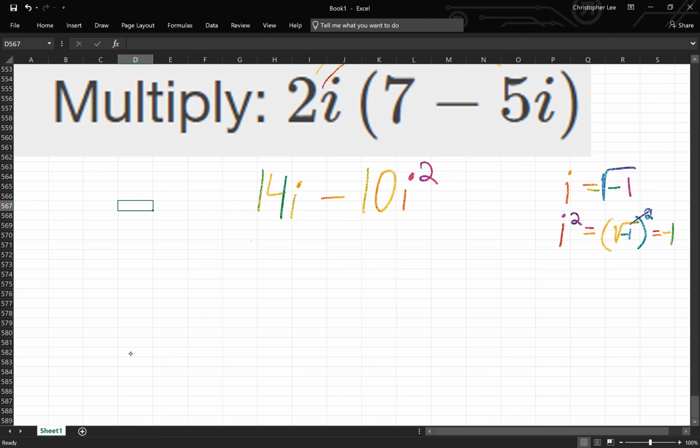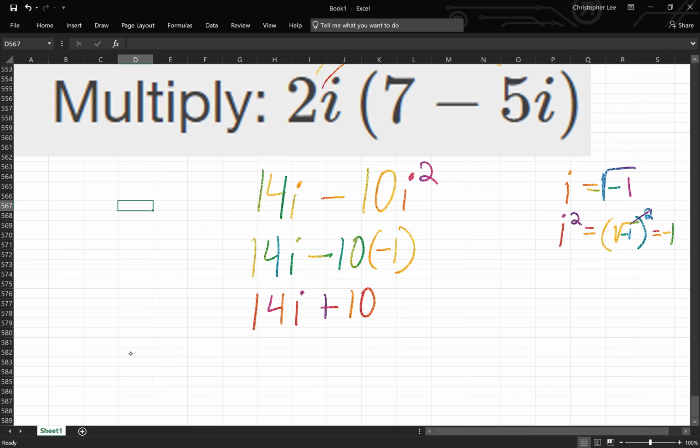So this becomes 14i minus 10 times -1, and a negative times a negative is positive, so this becomes 14i plus 10.